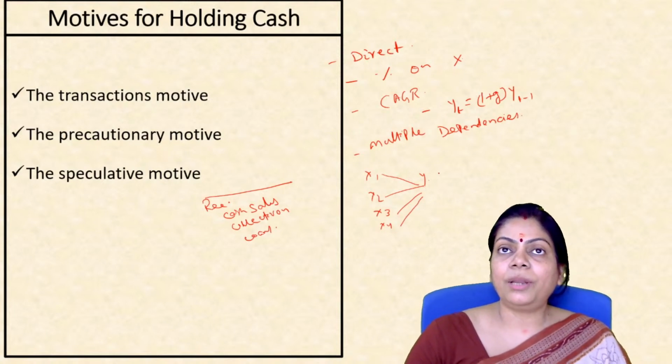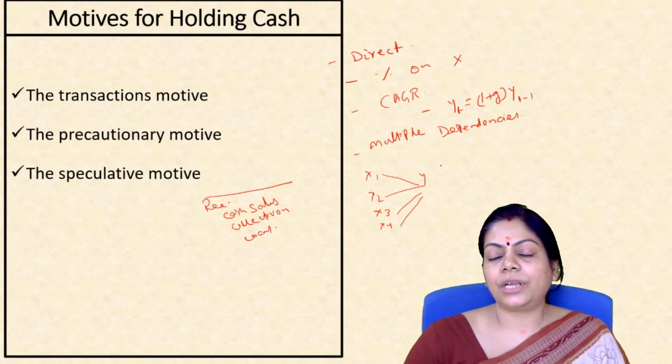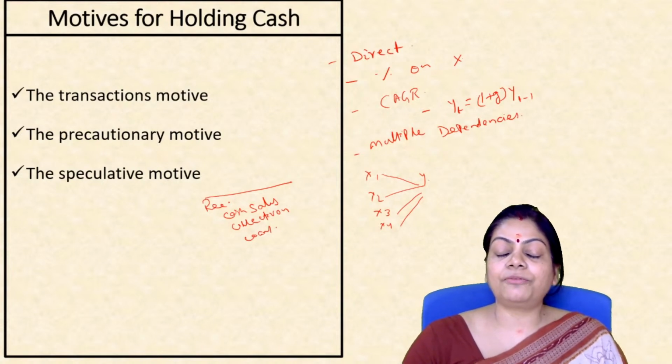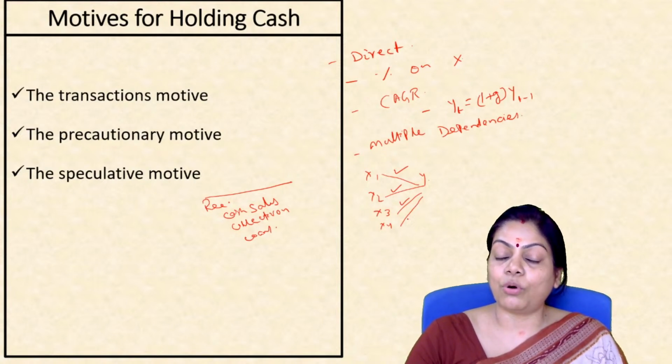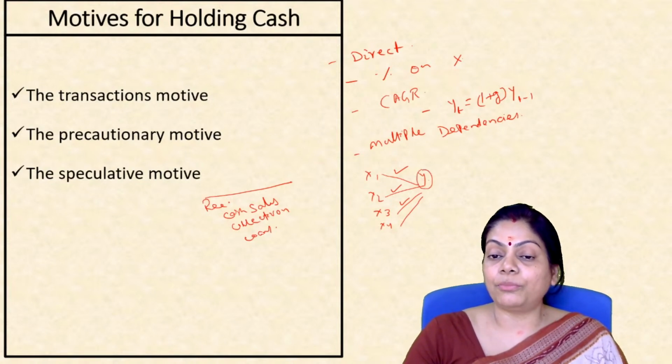For example, take the collection from sales. Collection from sales is dependent on, number one, demand in the market; number two, your credit policy; number three, the discount that you're offering, and so on. There could be several factors which contribute to the collection from your sales.